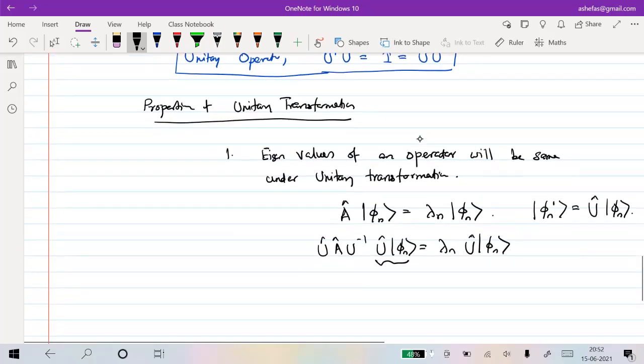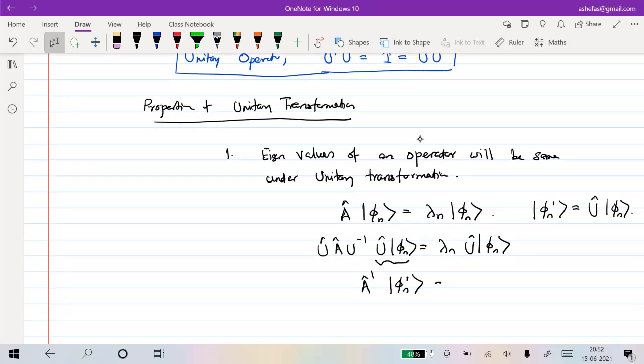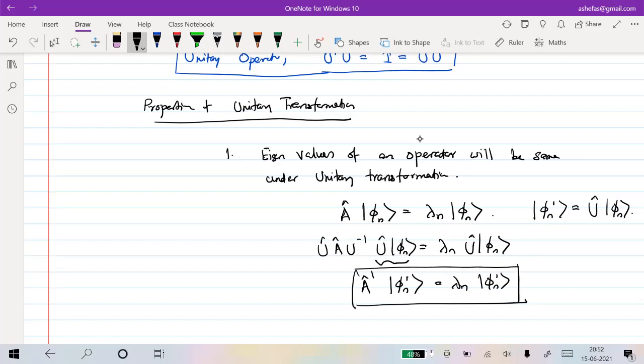U acting on phi n would give phi n prime, U A U inverse would give A prime. So the new eigenvalue equation in the transformed basis is simply A prime acting on phi n prime equal to lambda n phi n prime. So under the transformation, when you are going to the new basis, the eigenvalues remain the same. So the eigenvalues of the operator remain the same under the unitary transformations.